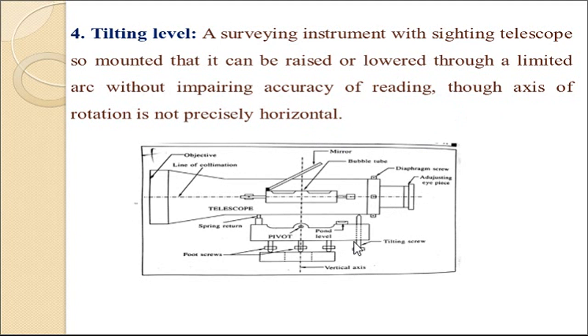That instrument allows a slight raising or lowering of the telescope in specific situations. All four types of levels are used in surveying generally, and for our study in our practicals we generally use the dumpy level.